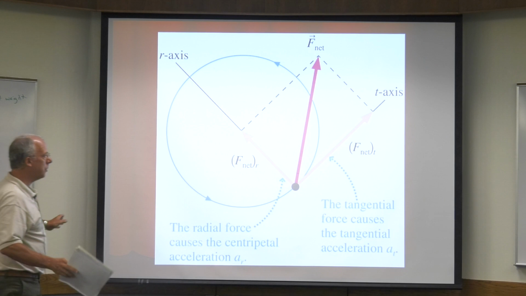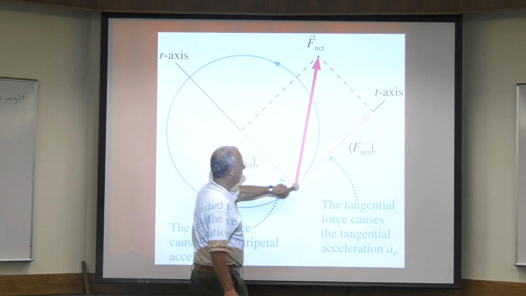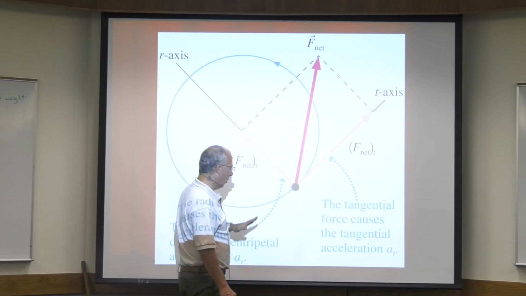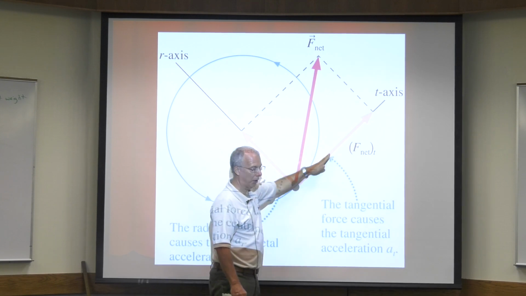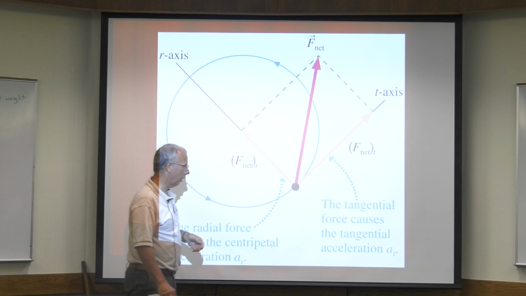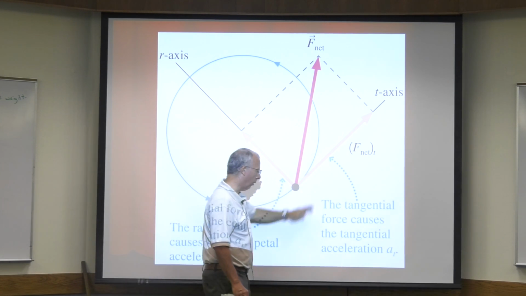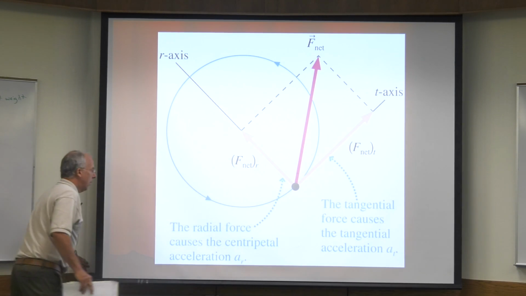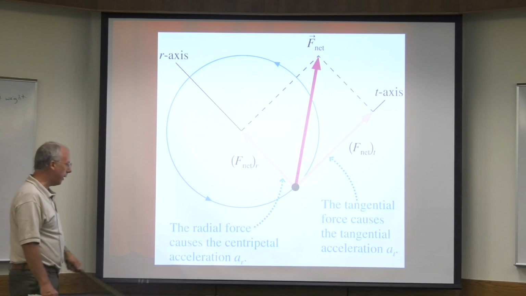So for uniform circular motion, the speed was the same, so we never had any kind of tangential force, right? But now, since we're talking about non-uniform circular motion, we have a tangential force. Okay, so let's review it. We're going in a circle, so we have to have a radial force.